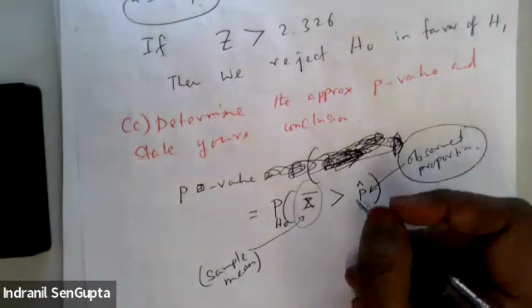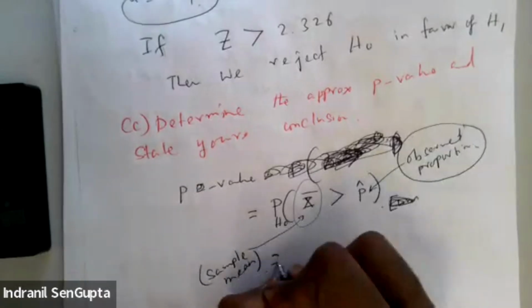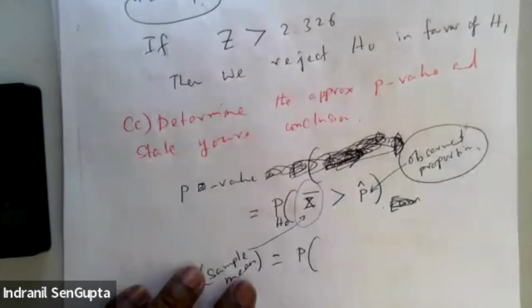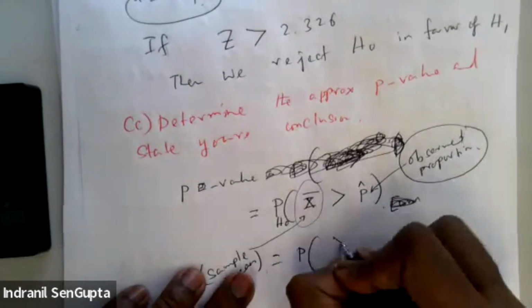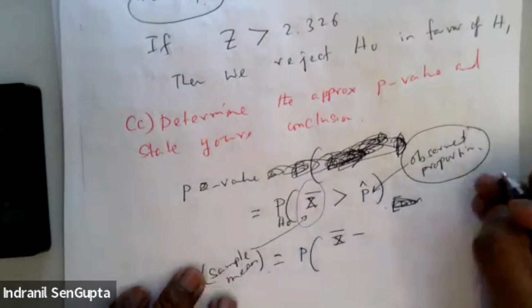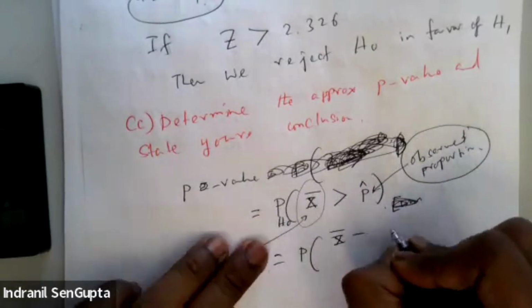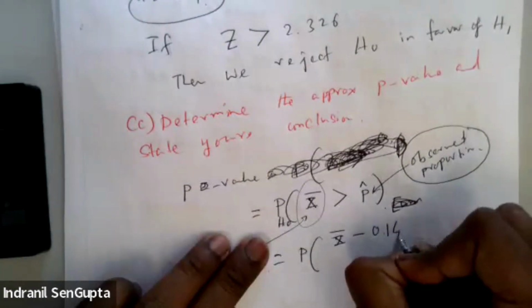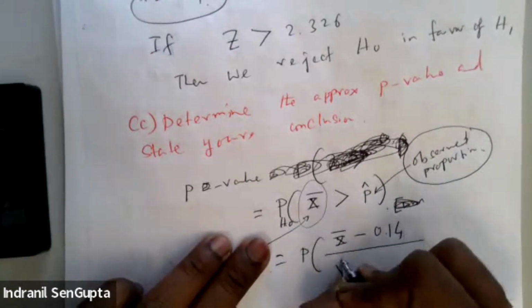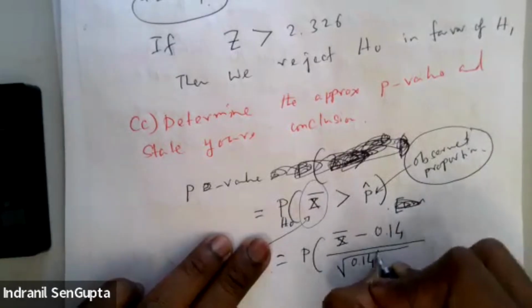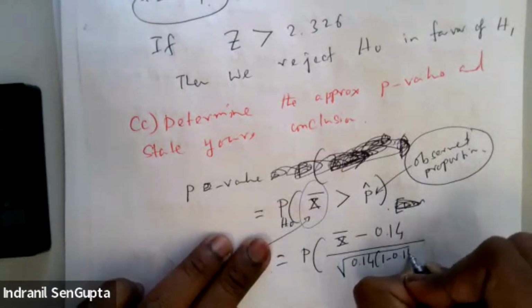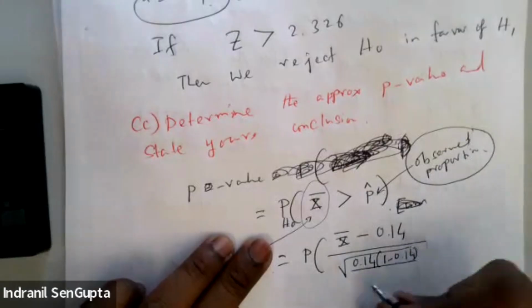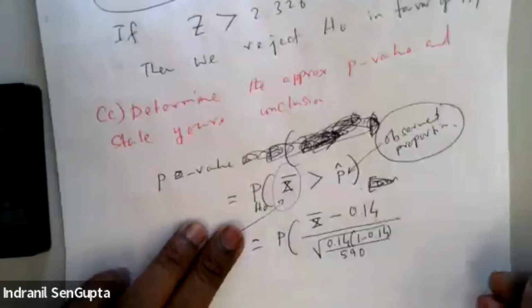Okay, now we have completed everything. So this is basically x bar minus P, and under H0 the mean is P, which is 0.14, over the square root of 0.14 times 1 minus 0.14 over 590 samples.